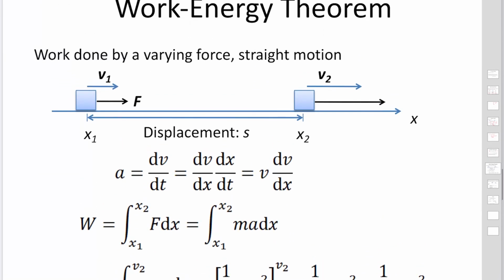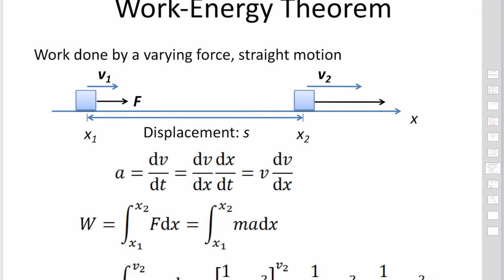Now consider work done by a varying force, where the force changes depending on the position. In this case, we only consider straight motion. Then acceleration is expressed as dv dt.